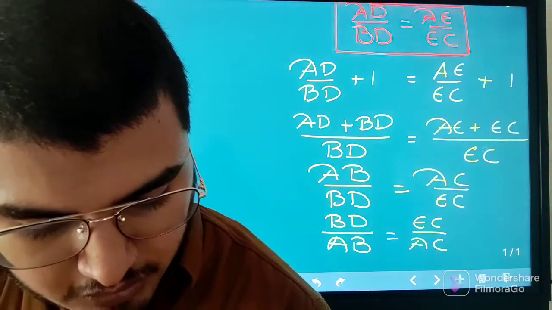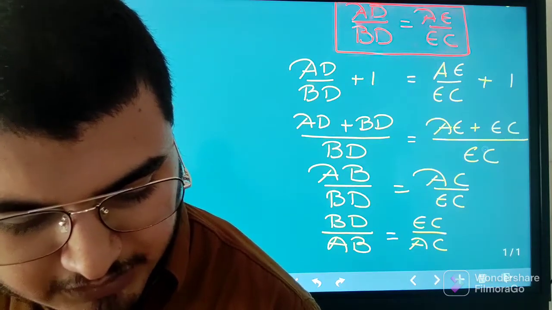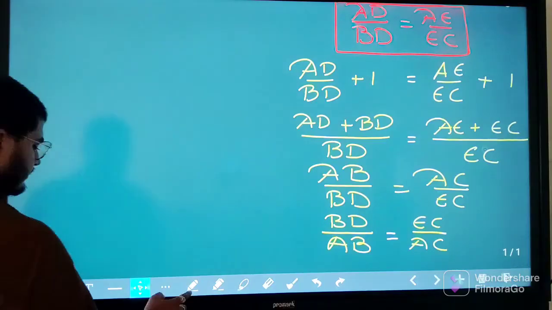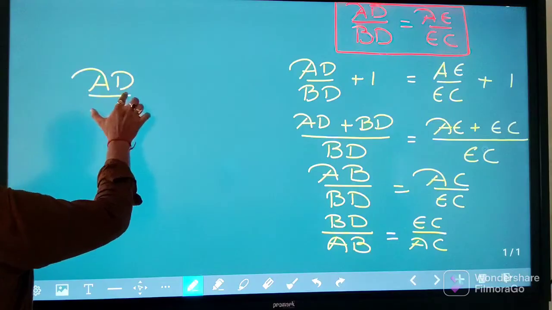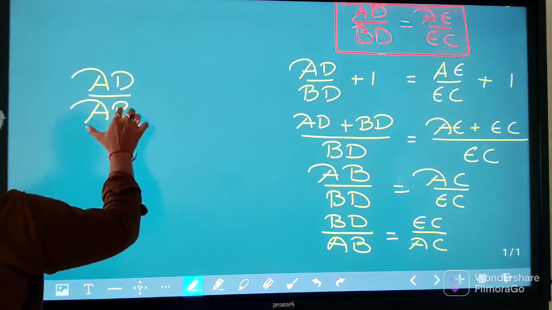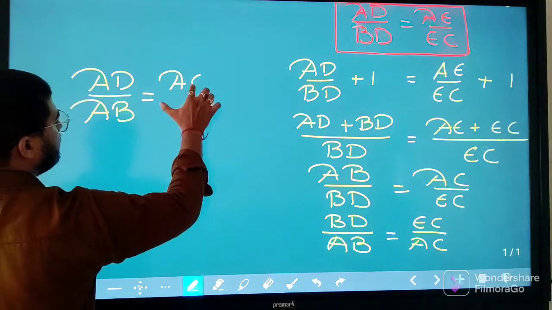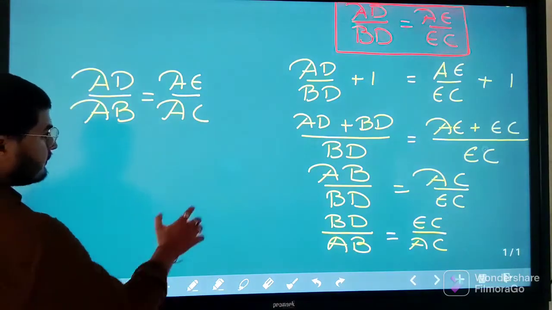As we are talking about the lower ones, we can also say about the upper portion of the triangle. The upper portion means what? That AD upon AB is equal to AE upon AC. That is the upper part of the triangle.